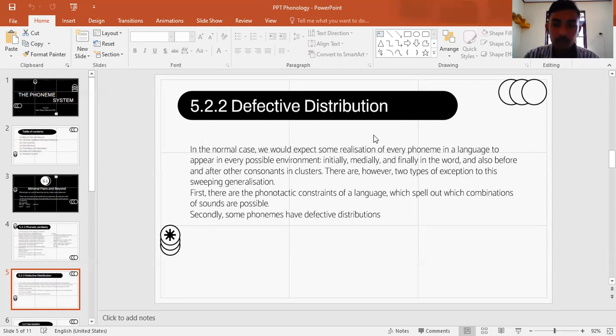First, there are phonetic constraints of a language, which spell out which combinations of sounds are possible.